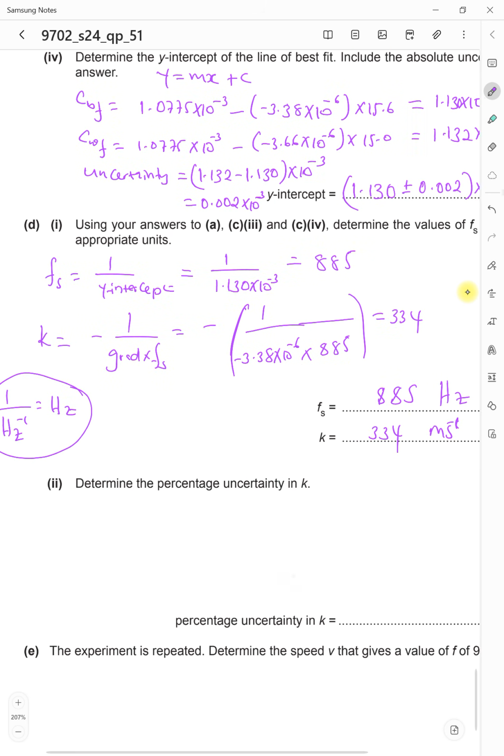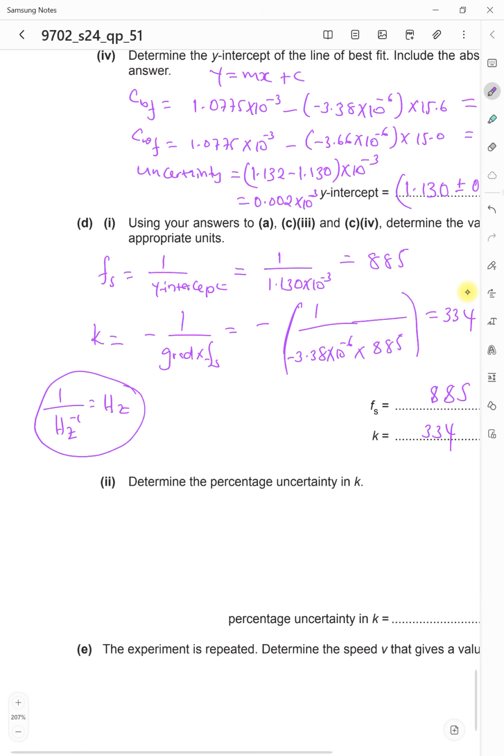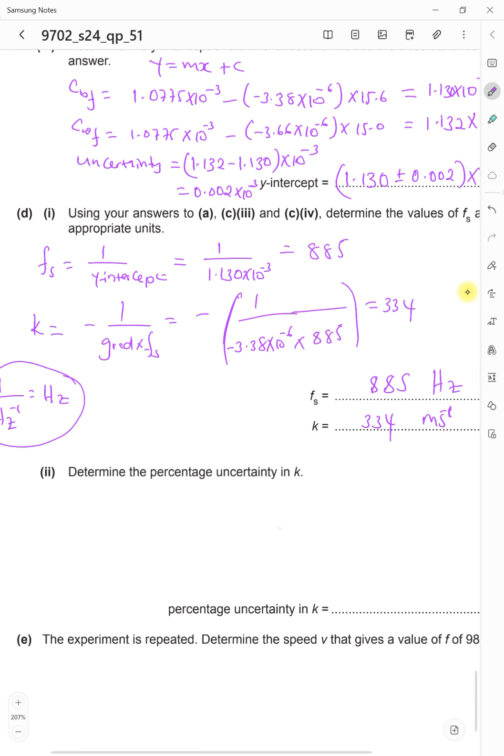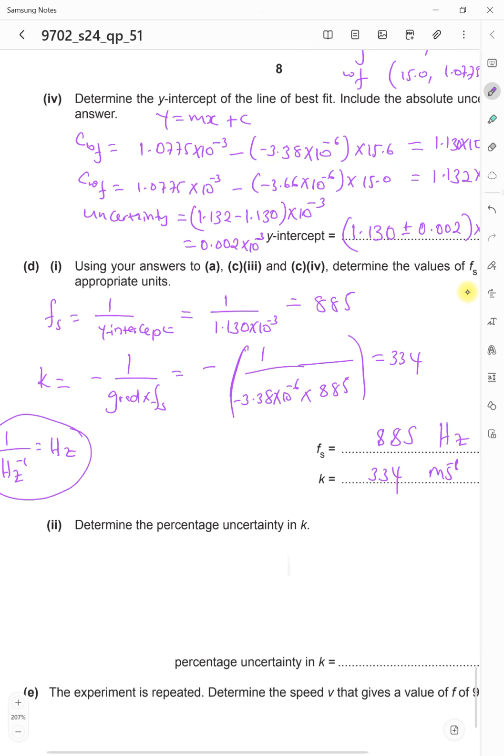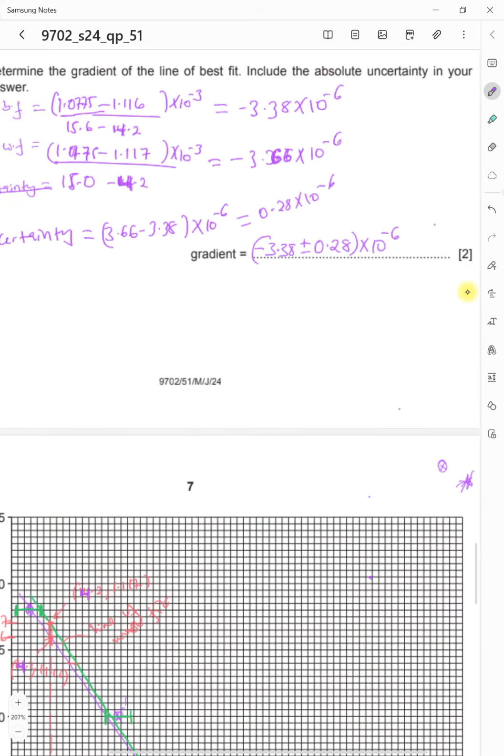And then determine the percentage uncertainty in k. Since we have the absolute uncertainty in the gradient, but it is easier to find the uncertainty in k using, let me go back to the first equation.